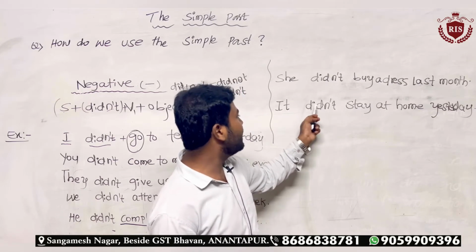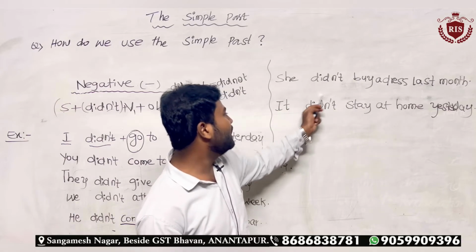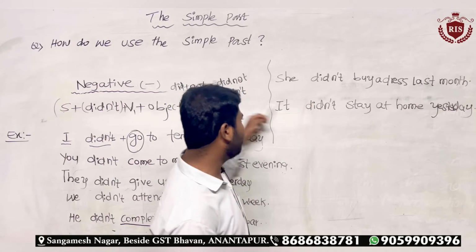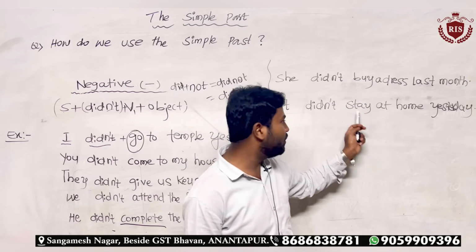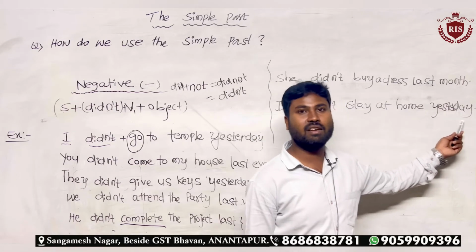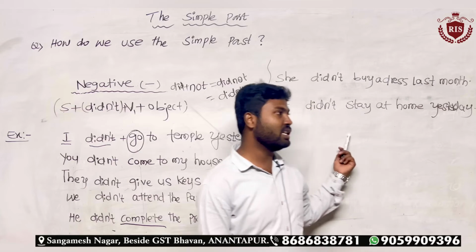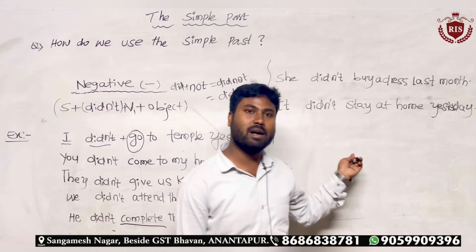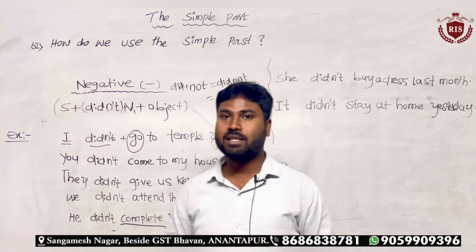As per the formula, there is a subject, it plays the subject role here. Didn't, as per the formula, and stay, the infinitive form of the verb, and the object. In the end of the sentence again there is a keyword which can help you identify that the sentence is in the simple past. Okay, well, I hope everyone has understood this.